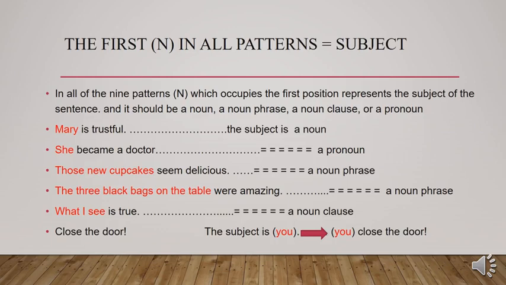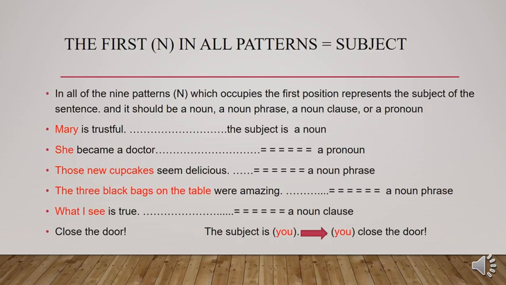In the next sentence, the 3 black bags on the table were amazing. The subject is the 3 black bags on the table because the main verb in this sentence is were. So what comes before the verb is the subject. But this subject consists of a noun that is modified by other words. The noun is bags. We are talking about the bags, which were amazing.